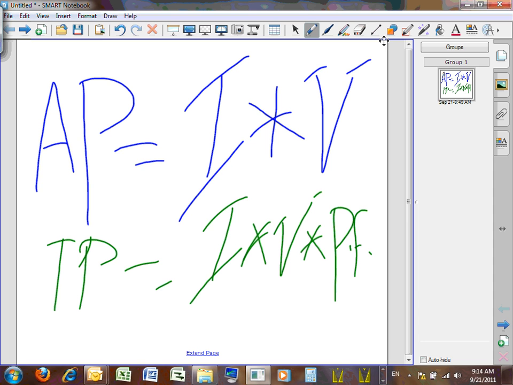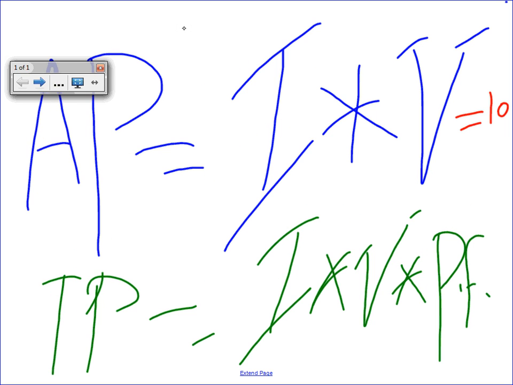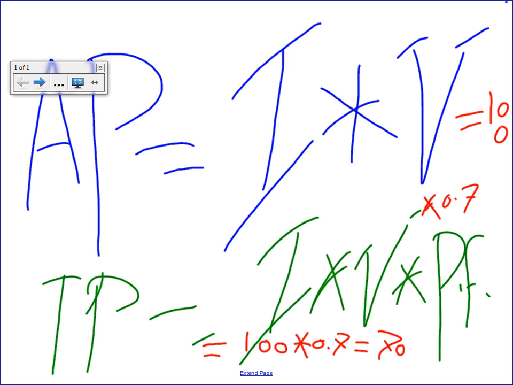So suppose that this quantity was 100, and then you multiply it by 0.7 because your power factor is screwed up. So you take the 100, multiply it by 0.7. What do you get? 70 watt.